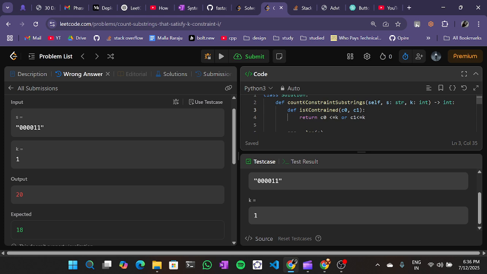If both are less than K, then it will be true. First thing, we will add a log here and check what's going wrong.